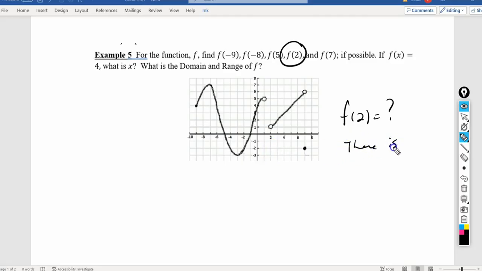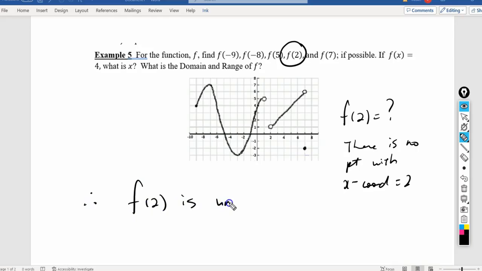There is no point with x-coordinate equal to 2. Therefore, f of 2 is undefined. Or you might write DNE for does not exist.